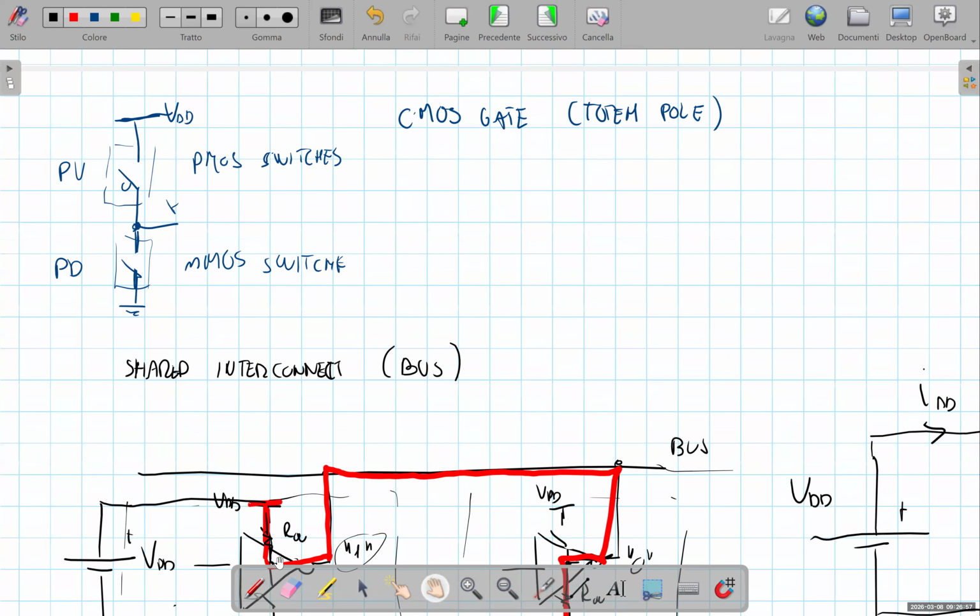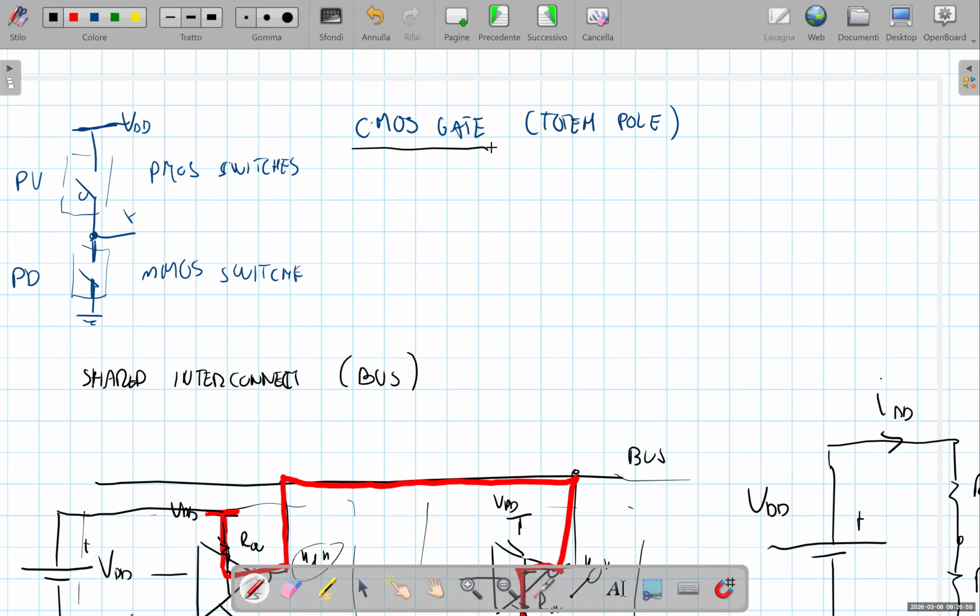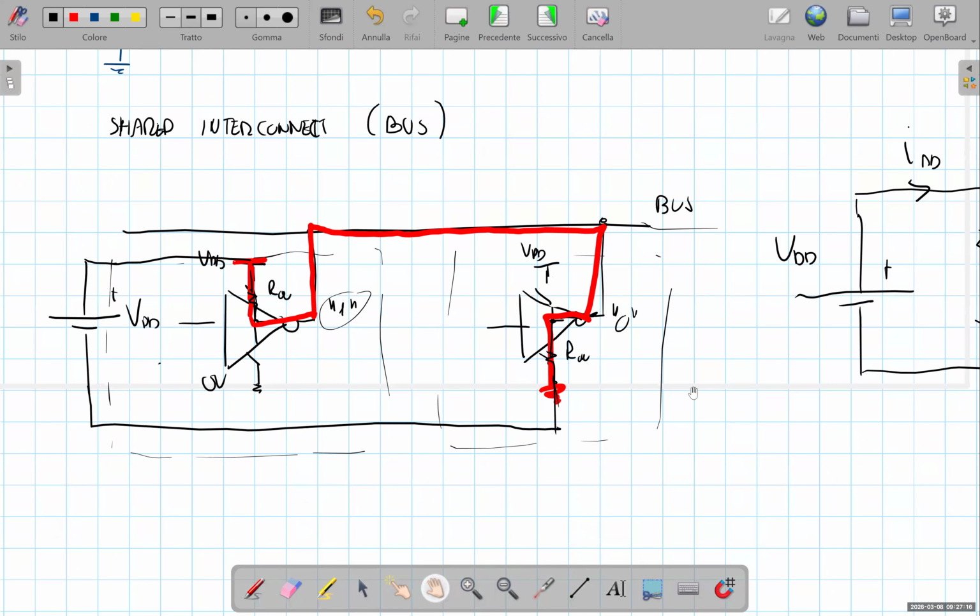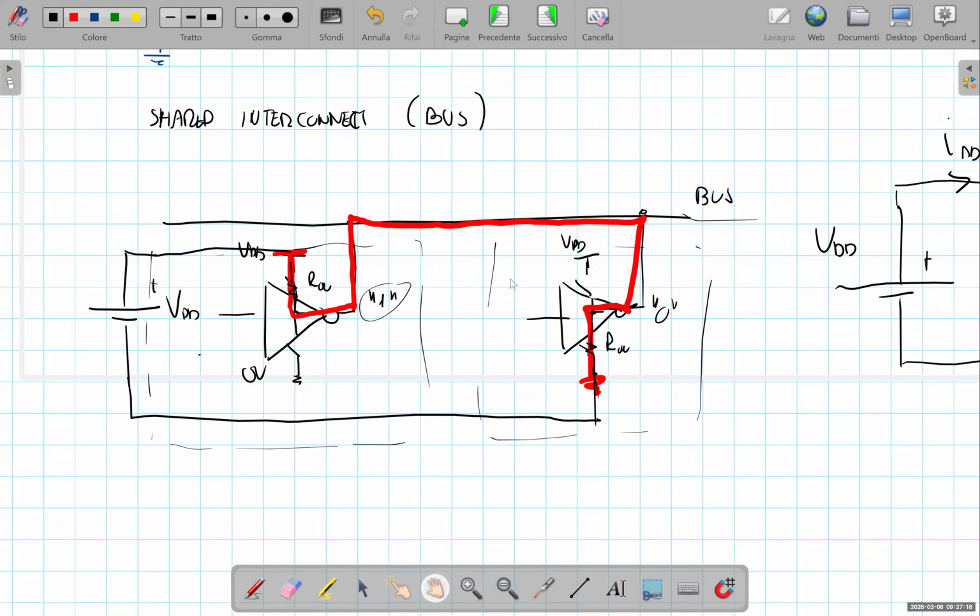That is the typical case of CMOS gates that we have discussed so far, and this structure is called a totem pole structure, in which we have a pull-up network and a pull-down network, both made of switches. This structure cannot be used for digital gates whose output should be connected to the same shared interconnect.